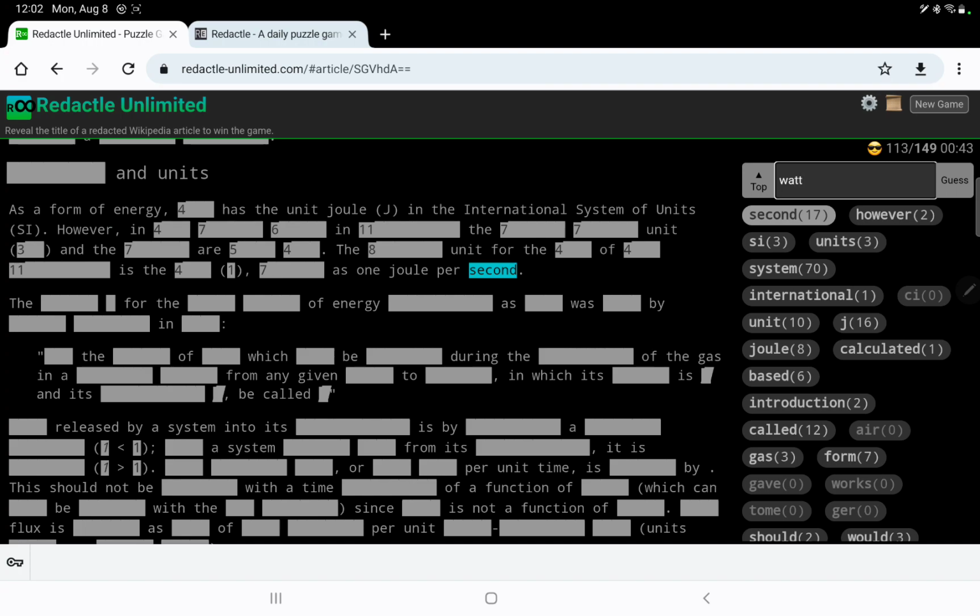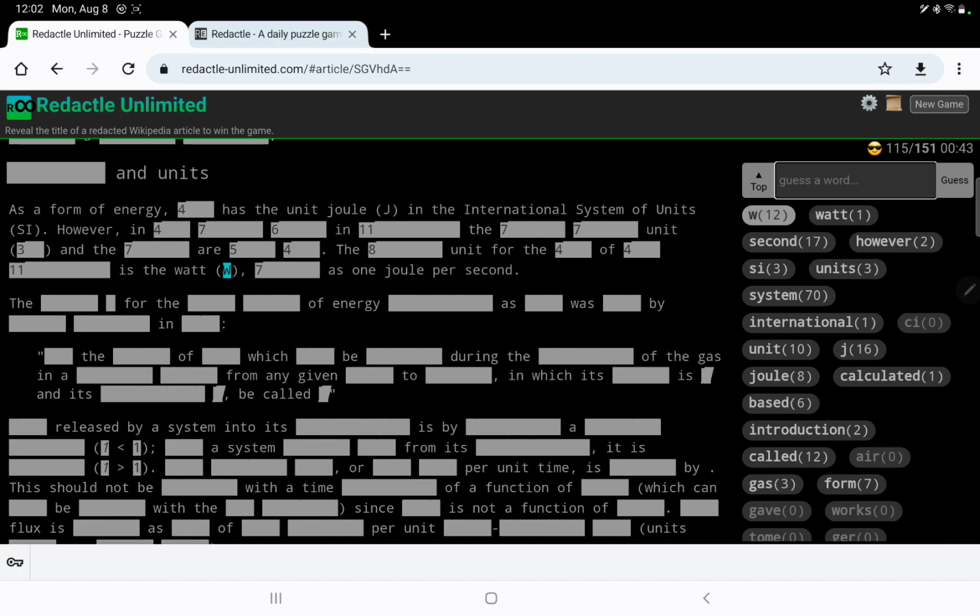Not the watt. Oh, it is the watt, W. Not calculated as 1 joule per second, but something. For the 4 of 4, 11, electricity, oh, electricity, no electricities there, that's interesting. The something unit.